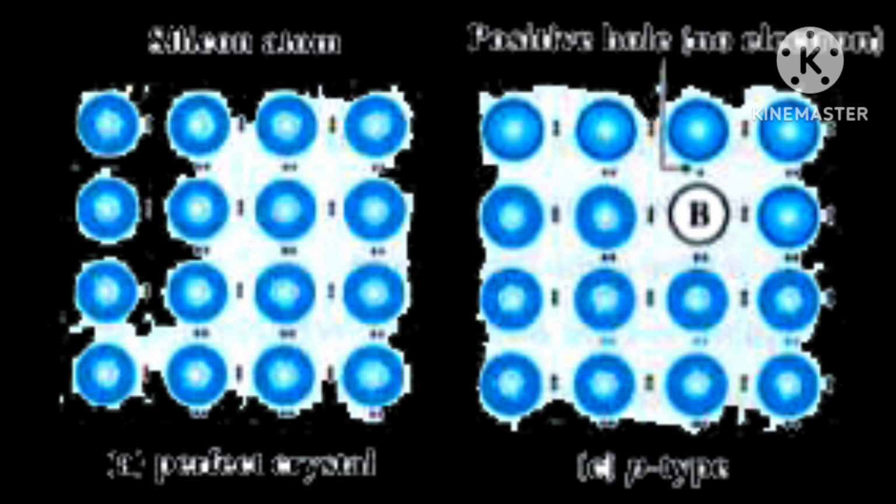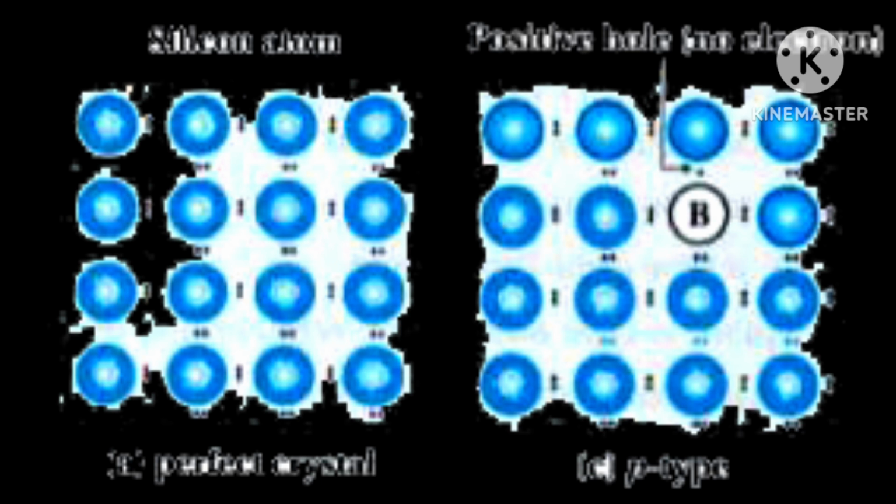Then 1 electron is remaining, 1 electron of phosphorus or arsenic is remaining. Out of 5 electrons, 4 are used in the formation of 4 covalent bonds with 4 neighboring silicon atoms. The 5th electron is extra and becomes delocalized.